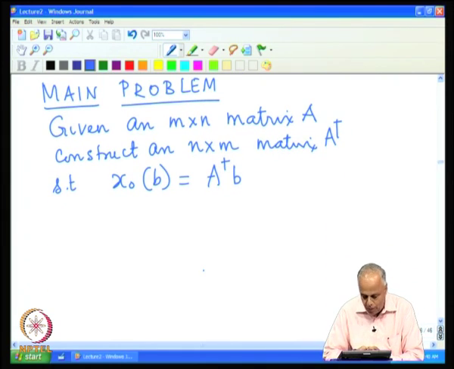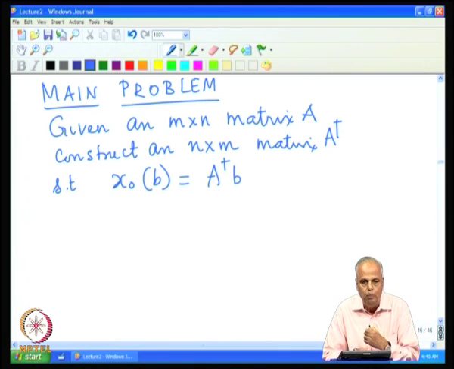So, the fundamental problem therefore in the systems is: given the matrix A, which is m by n, construct the matrix A dagger which is n by m such that x naught b is equal to A dagger b. So, the moment you play your b, I will send it through A dagger and produce my answer x naught b, which is the best answer possible for the system Ax equal to b.